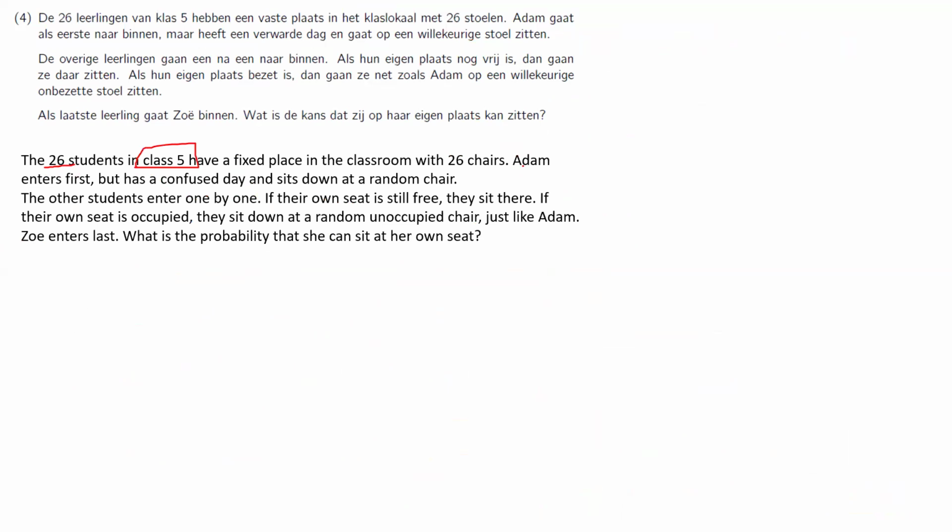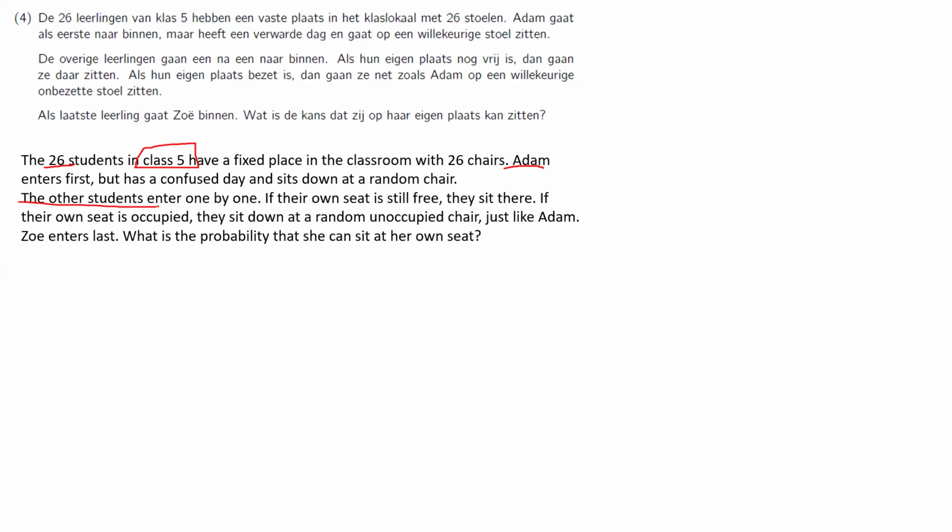Adam is the first one who enters the classroom, but he is a little bit confused on that day. Normally, he should choose his own place, but on that day, he chooses a seat randomly. It can be his own seat or a seat of others.